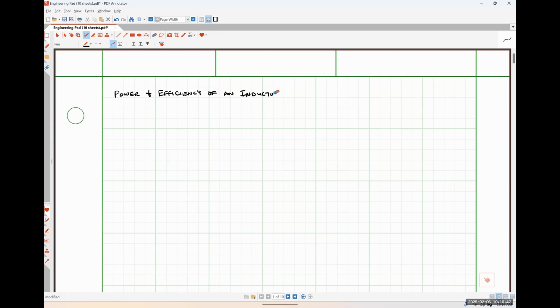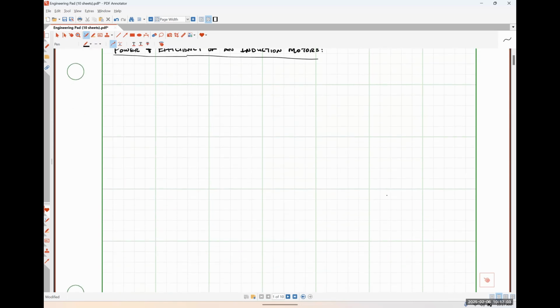I'm going to make a little, I hesitate to even call it a graph here, but it's just a representation of what's going on in our motor. Actually, I'm trying to decide if I want to do this now or in a little bit. We'll do it now. I'll just introduce some things.